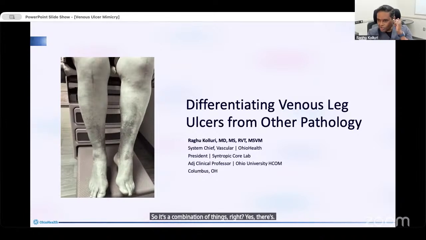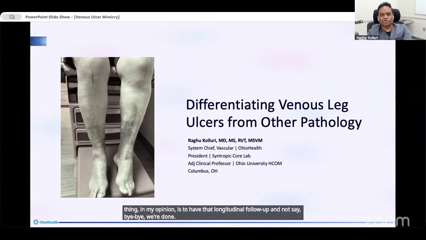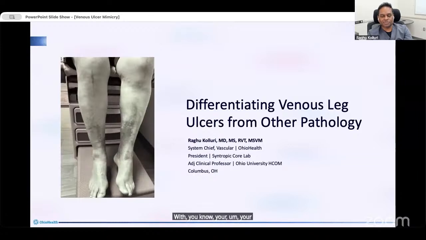Yes, we all have anchoring bias, but the most important thing, in my opinion, is to have that longitudinal follow-up and not say, bye-bye, we're done with your venous ulcer.